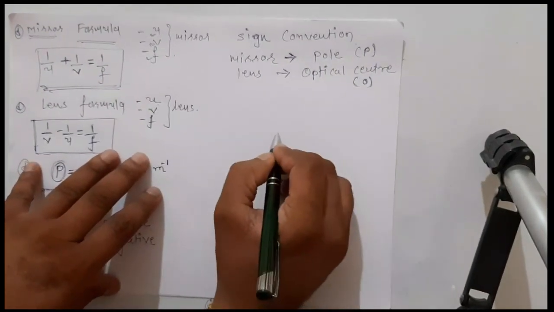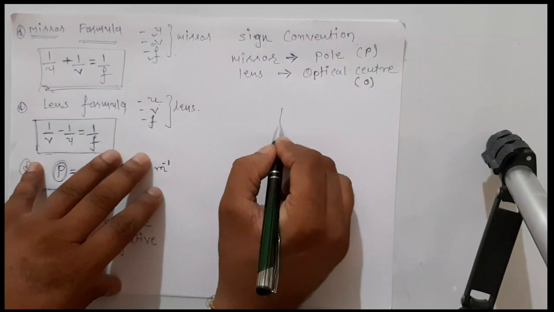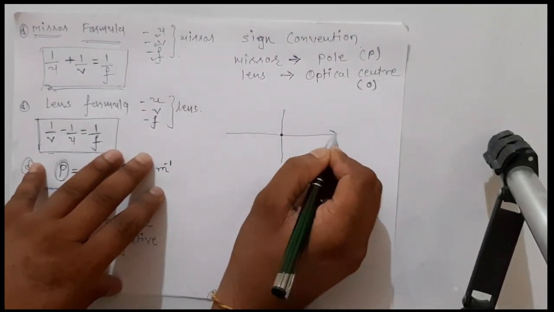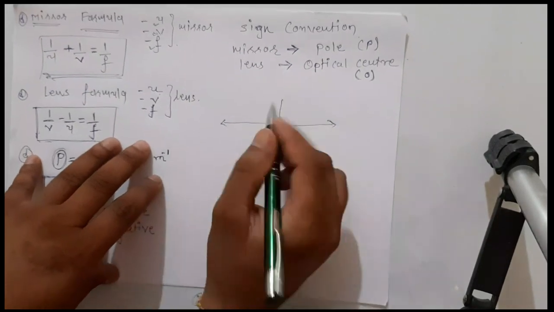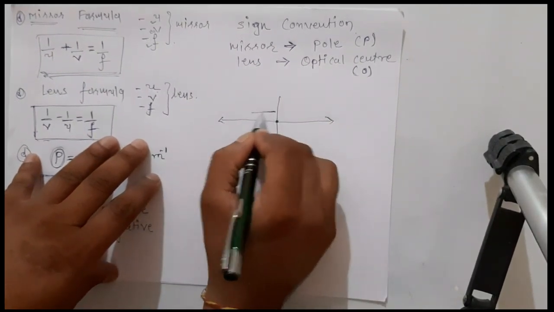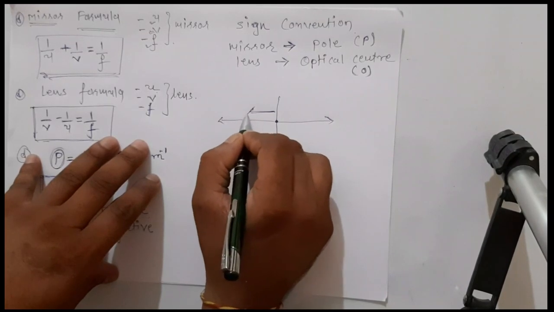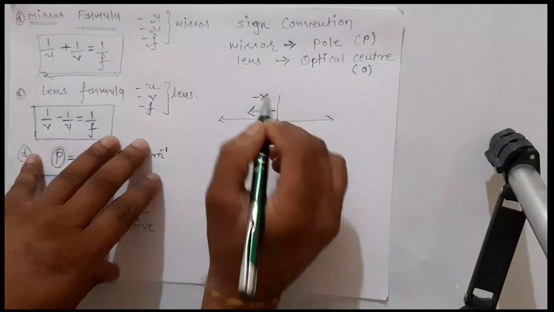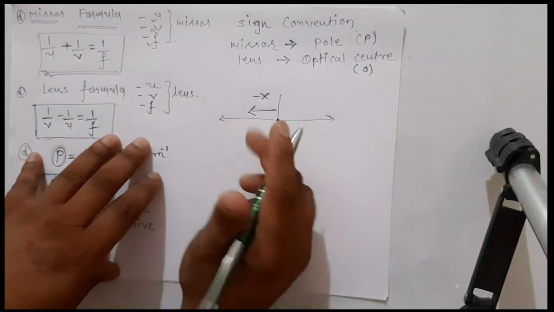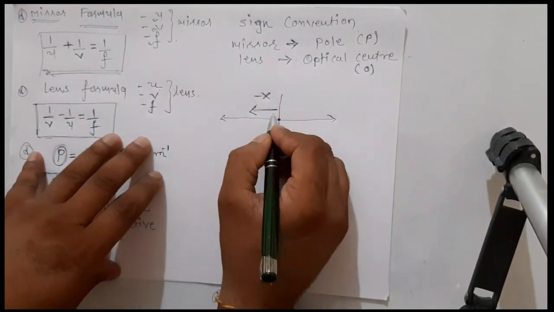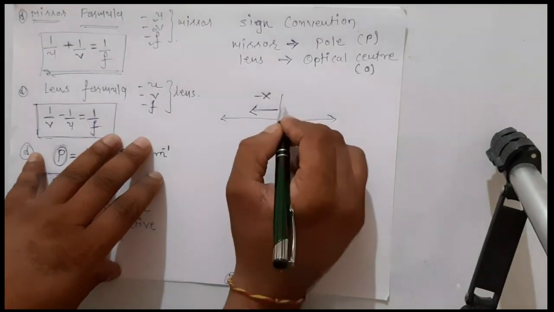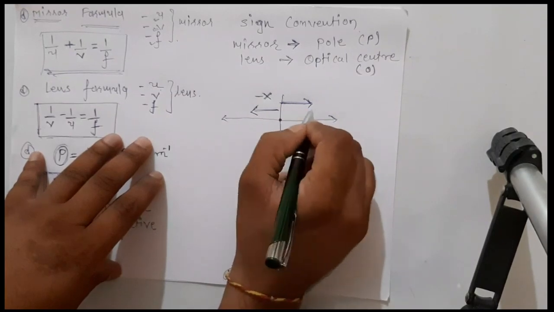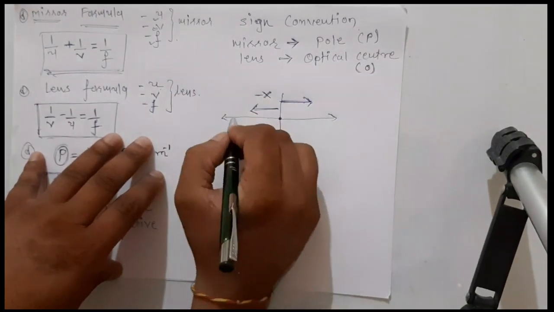Suppose here we have our pole or our optical center. Now don't get confused, understand very well. If the distance is taken on the negative x-axis, that will be considered negative, it will be minus. If it is on the positive x-axis, means the right side, that will be plus.